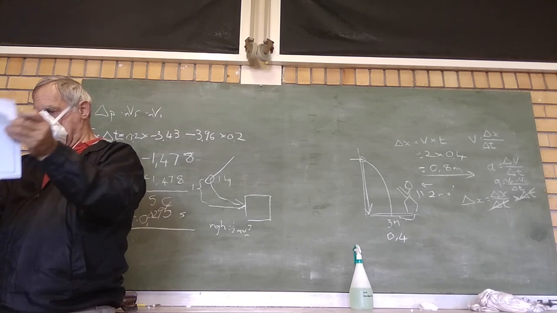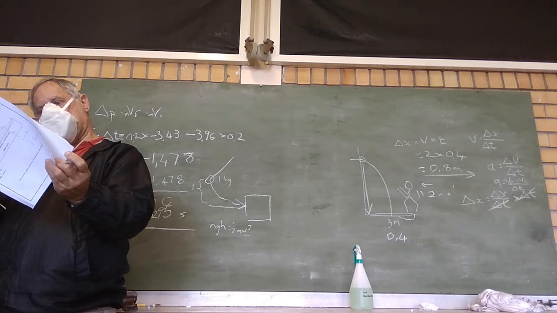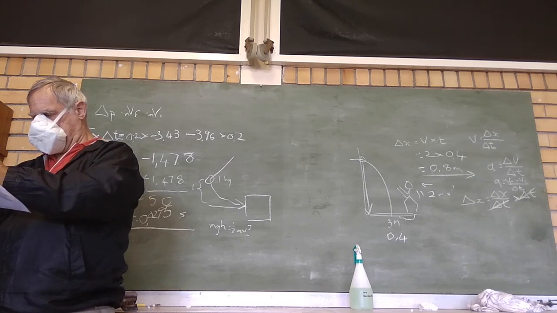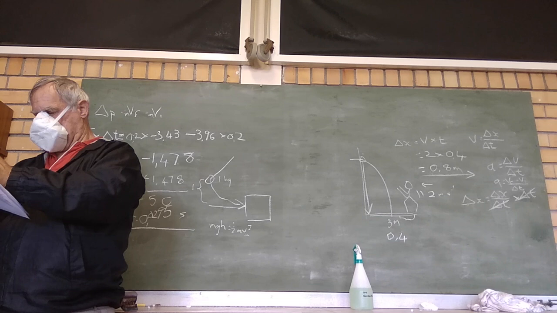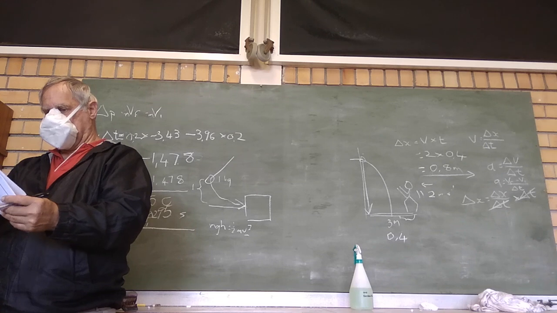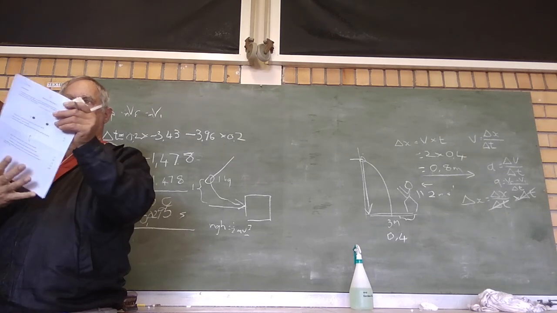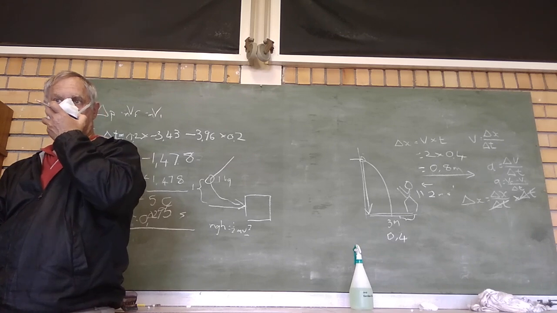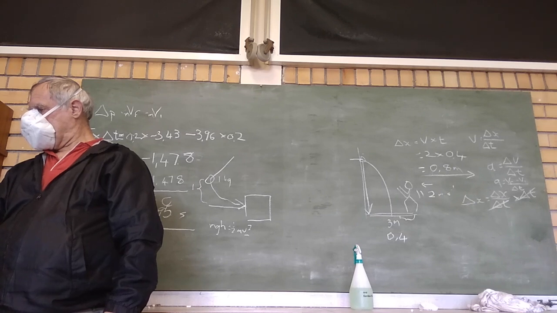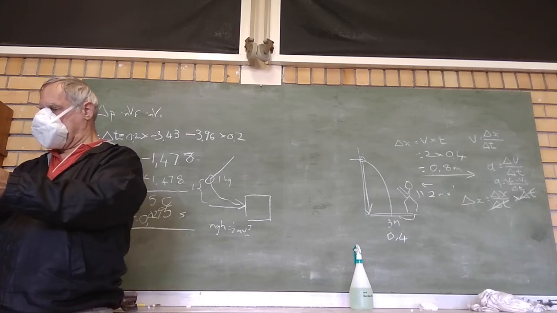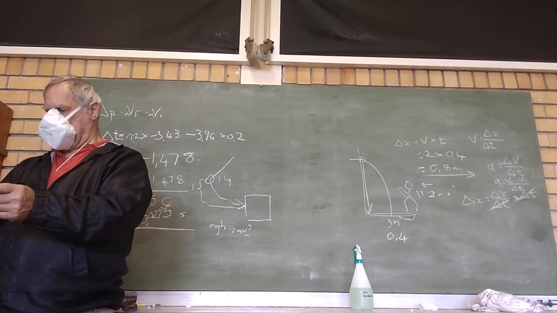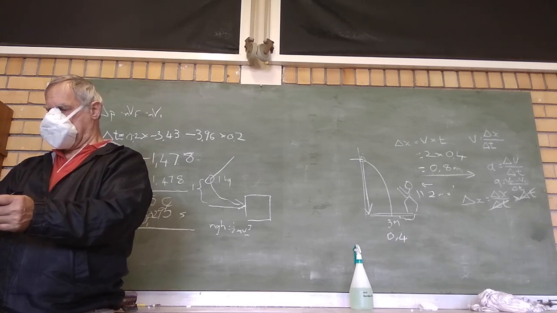Oh, sorry, it's the uniform part. So, who wants to do 7? It's a nice, simple electrostatic one. Who's going to do the electrostatic problem? Okay, Alicia.